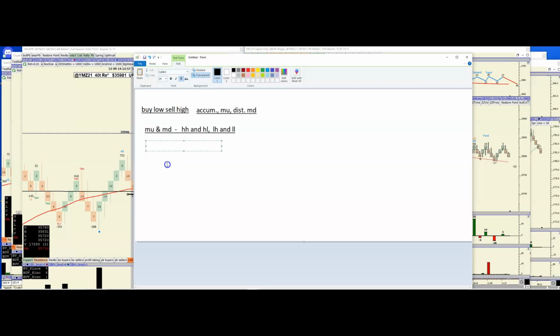What is the characteristic of accumulation and distribution? Since we have taken the characteristics of markup and markdown, which is just uptrend and downtrend, and said it is higher high, higher lows, why not take the other two phases and say, what are the characteristics of accumulation distribution?